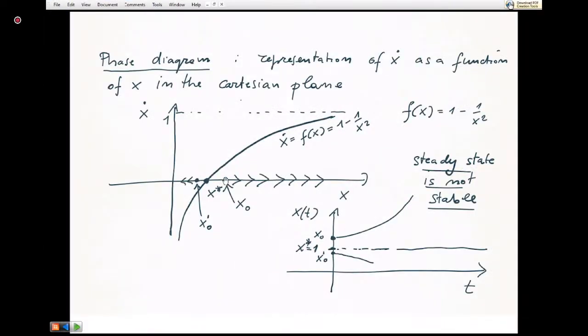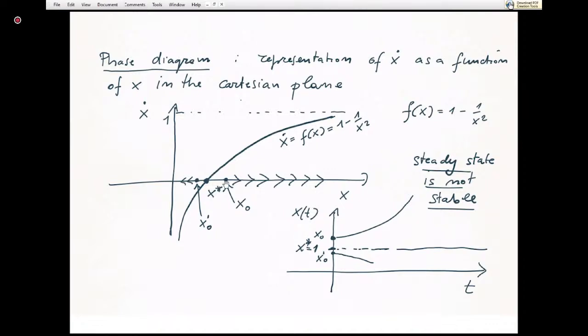Suppose that the system starts, x0 is here. What happens? Look, remember that here we have the time derivative as a function of the level of the variable. The level of the variable is here. What is the time derivative? Where can I read the value of the time derivative? Here. The time derivative is positive. The time derivative positive means that my quantity grows over time. Okay?